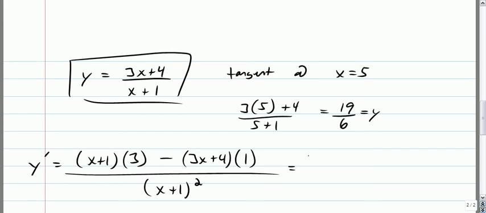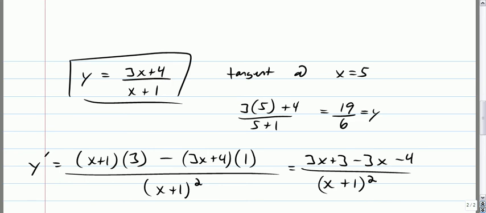And that's 3x plus 3 minus 3x minus 4 all over x plus 1 squared. So I'm just finding the derivative so I can find the slope. And if you simplify this, you got 3 minus 4 on top, so a -1 on top, and then that x plus 1 squared on the bottom.